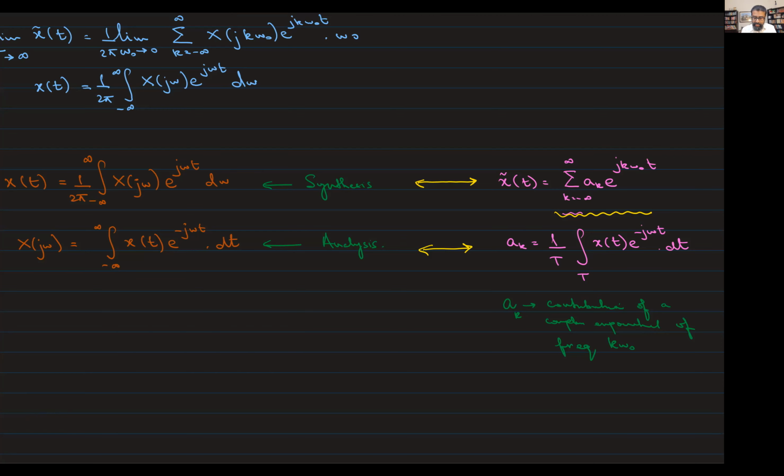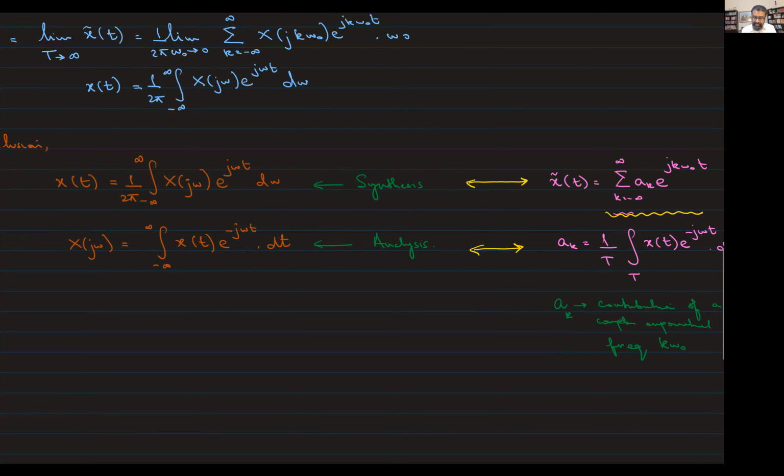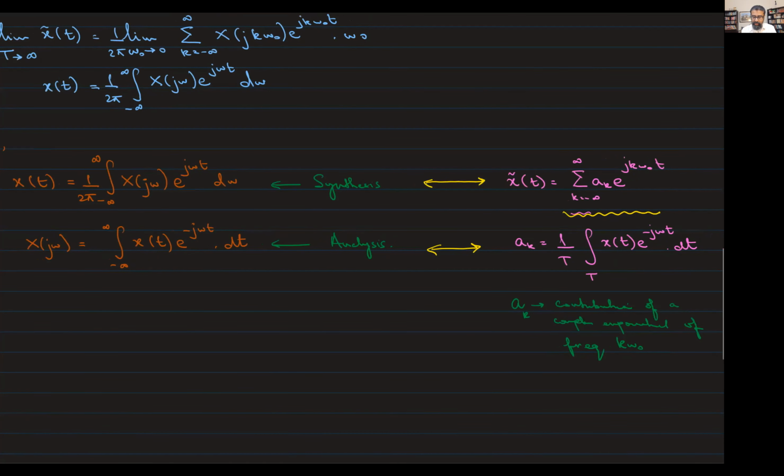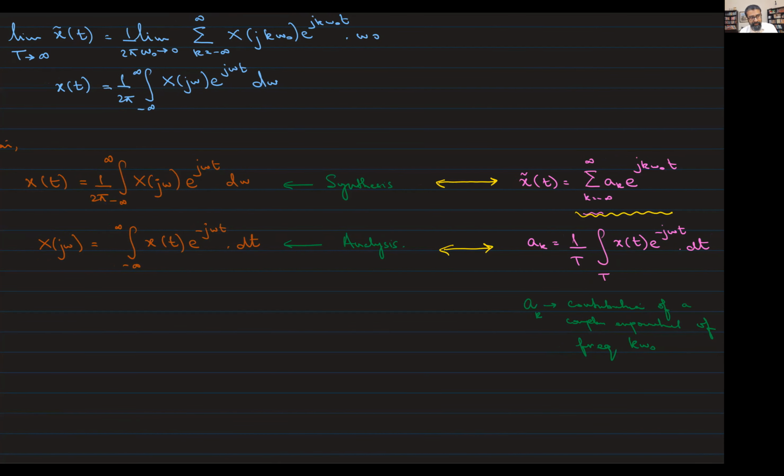Okay. Now, similarly, can I make the same sort of analogy on this left-hand side with the aperiodic signal here? Can I say the same, e raised to power j omega t? I can still say x of t is made up of complex exponentials, as a superposition of complex exponentials, right?